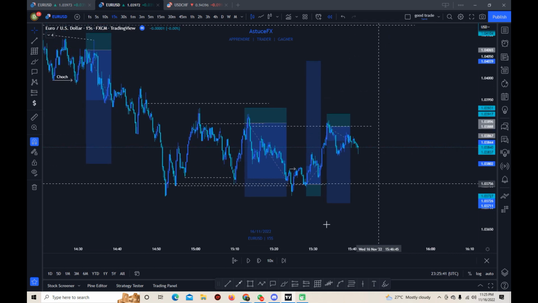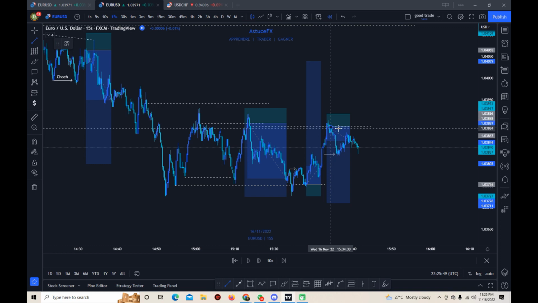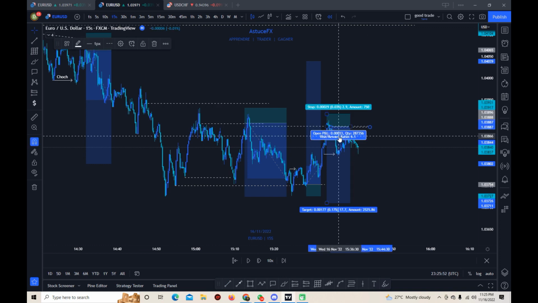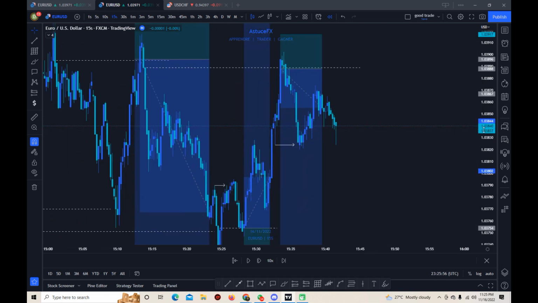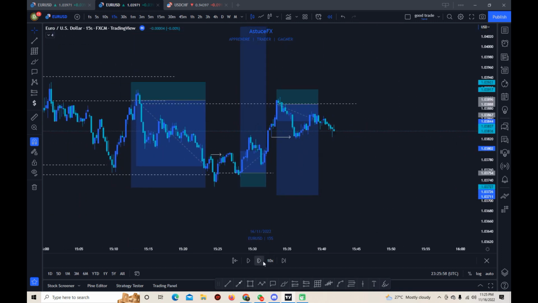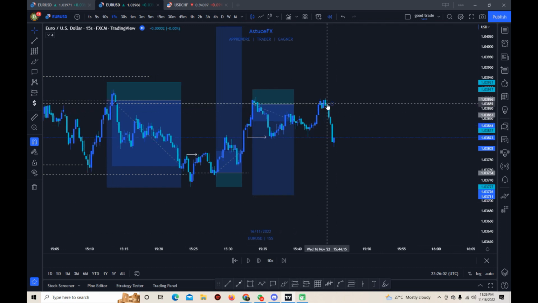And what I did is, after price broke this low, I waited for price to pull back to my zone above here, because when you look at this whole range, here is some sort of supply zone that price can sell from. So I waited for price to pull back, and from this I got my re-entry sell.